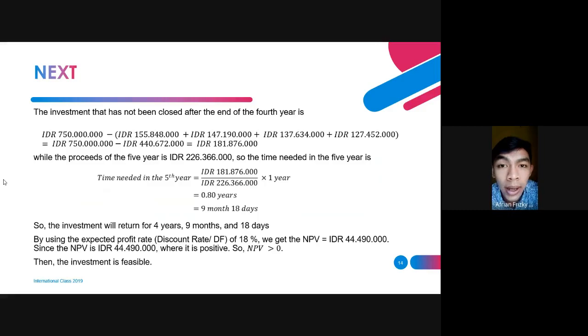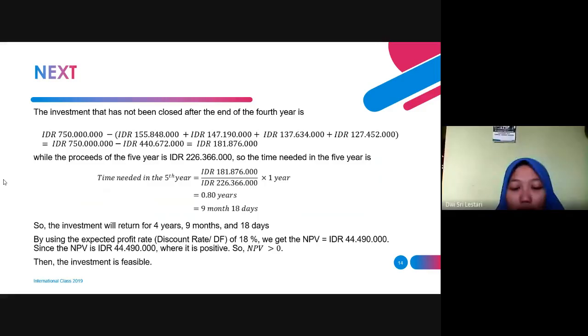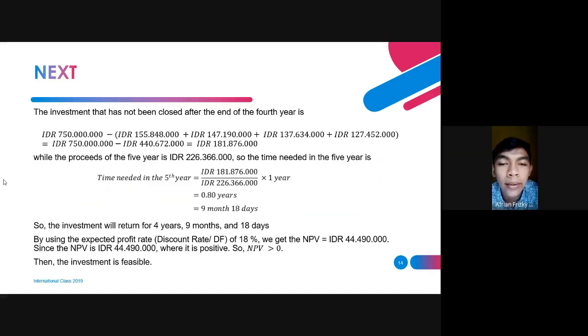181 millions and 876,000 rupiah. Then the NPV is 226 millions and 366,000 rupiah.